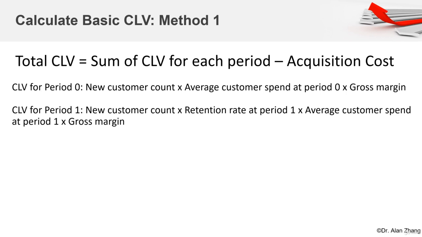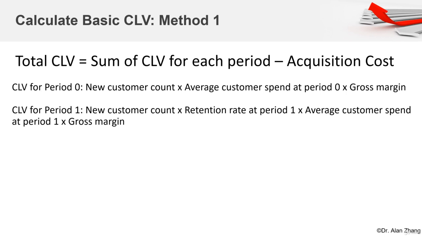After that, we want to continue to calculate CLV for period 2. But be aware that only a fraction of new customers were retained at period 1, and a fraction of those retained customers is retained at period 2. Basically, what it means is that at each period, a fraction of customers who were retained in the last period will be lost during that period.